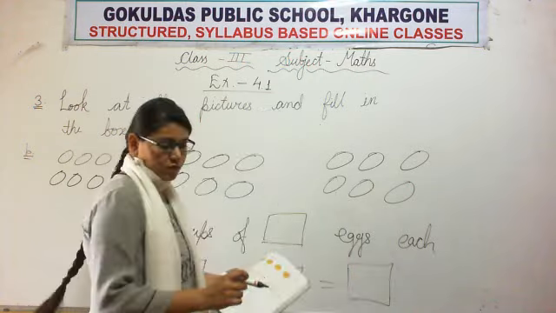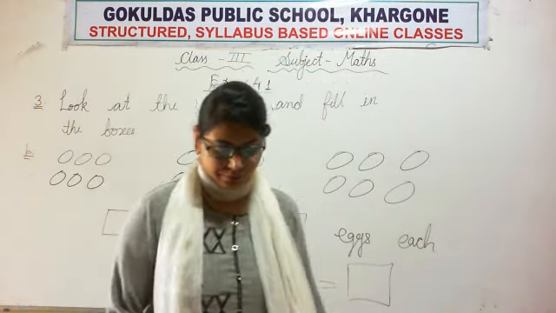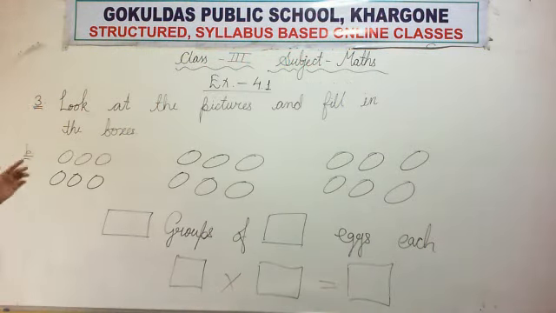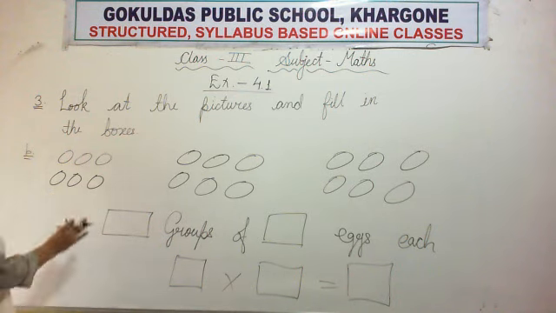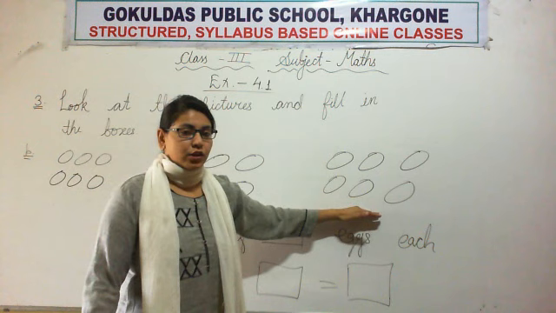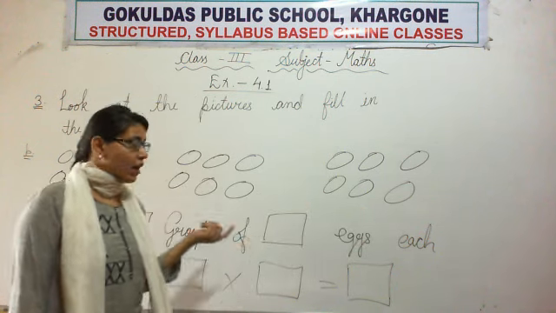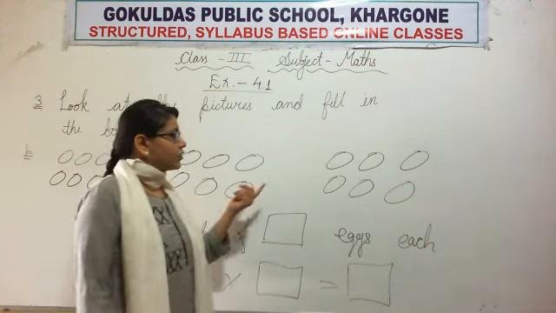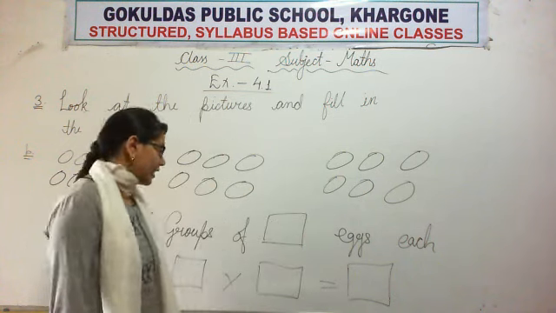Okay, so let's see the number of groups first. This is one group, second group and third group. It means how many groups are there? 1, 2, 3. 3 groups are there.